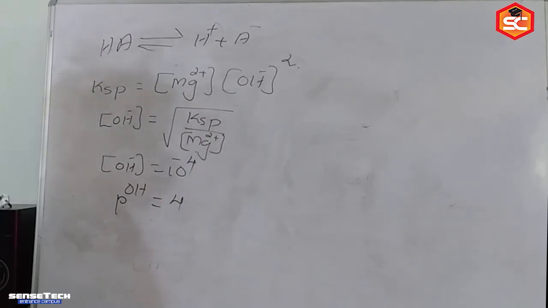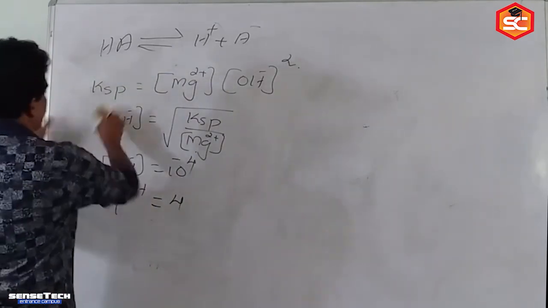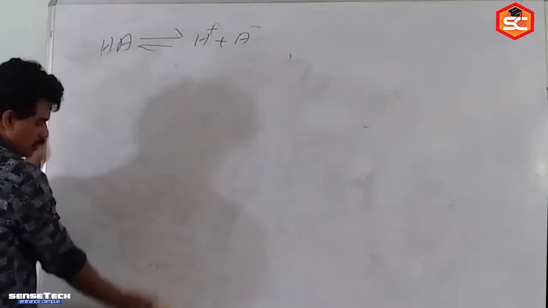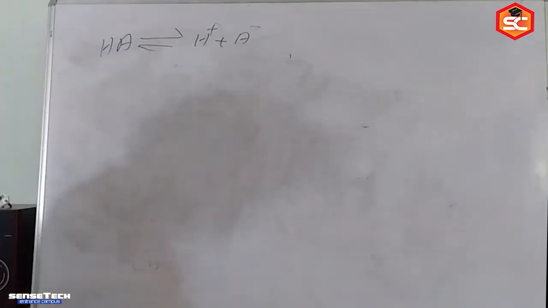Its dissociation constant would be? HA gives H plus and A minus. The dissociation constant, the equilibrium constant, you have to find out. So what is the concentration of HA?